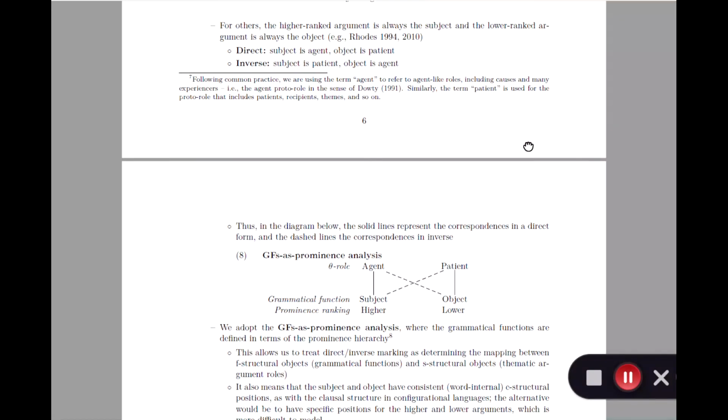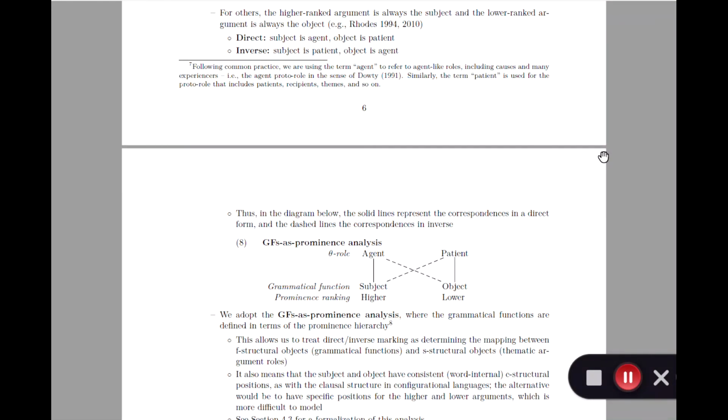So we discuss a few different ways of looking at this in the Algonquian literature, but we adopt what we call the grammatical functions as prominence analysis. So basically, for the most part, we assume, and we formalize this with a constraint that we'll get to later on, that the higher ranked argument in the prominence hierarchy is always a subject, and the lower ranked one is always the object.